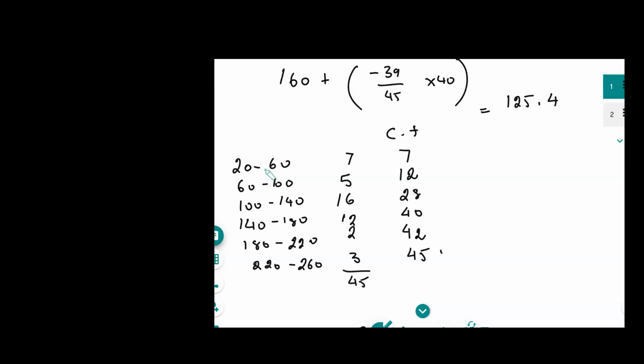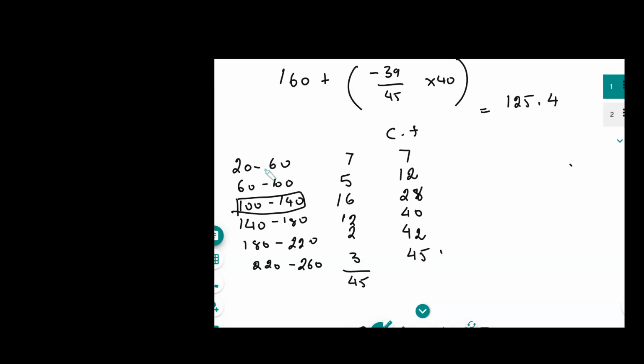Now we can see that 45 by 2 is 22.5. The nearest cumulative frequency greater than 22.5 is 28. So we can take 100 to 140 as the median class.